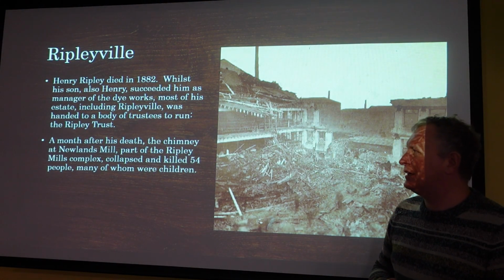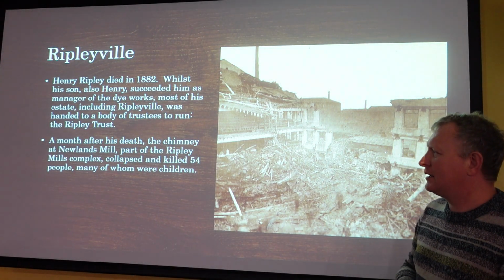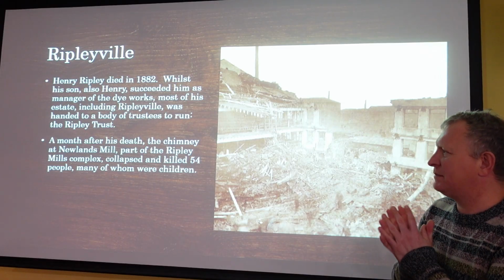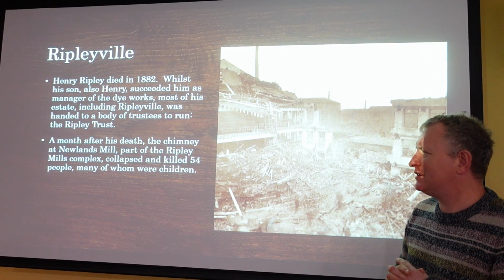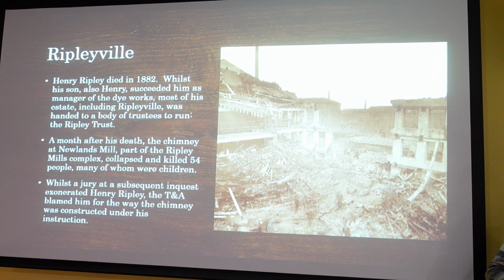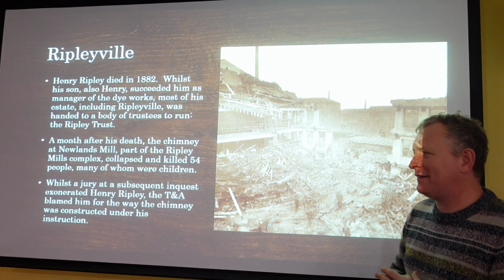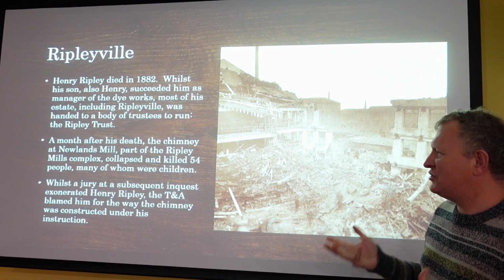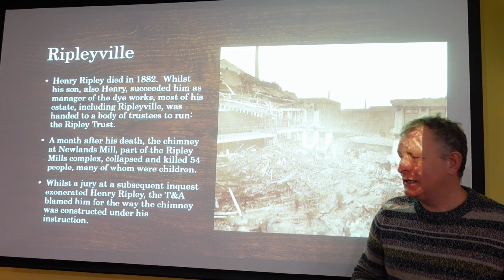Months after Henry Ripley died, the chimney at Newlands Mill collapsed. So this was part of the Ripley Mills complex, and it killed 54 people, and this included children. Now, surprise, surprise, given that he was part of the good and the great in Bradford at that time, or he had been, a jury at the subsequent inquest exonerated him.